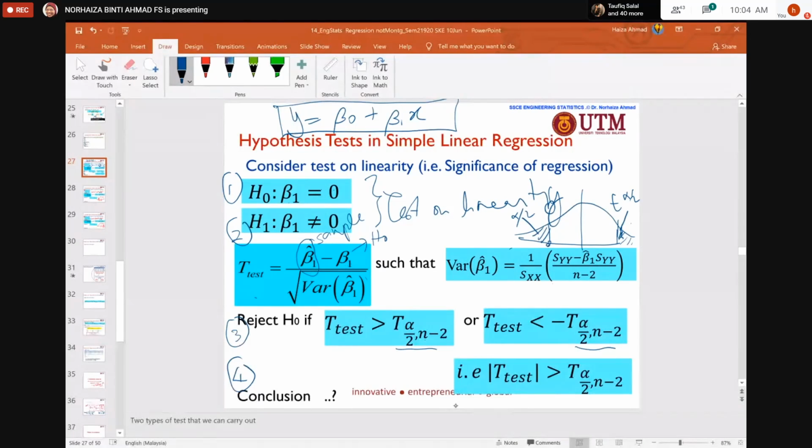All these are available on your statistics table on page 4.